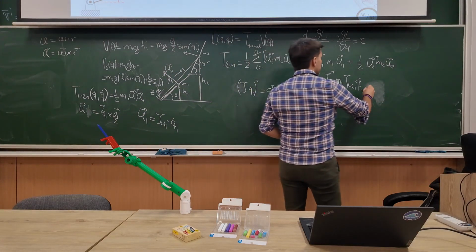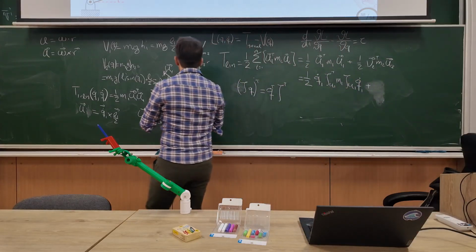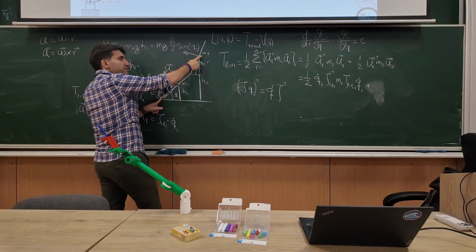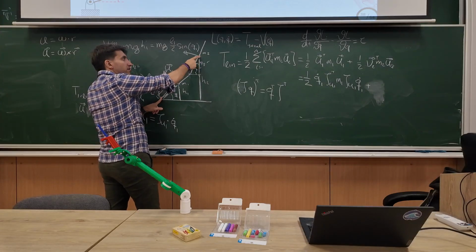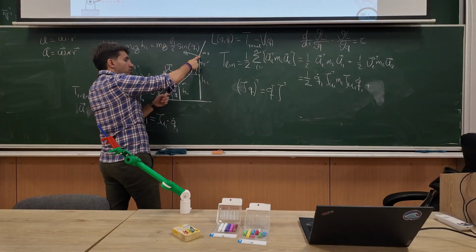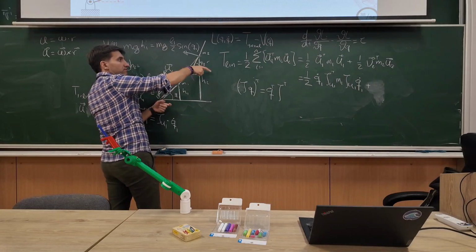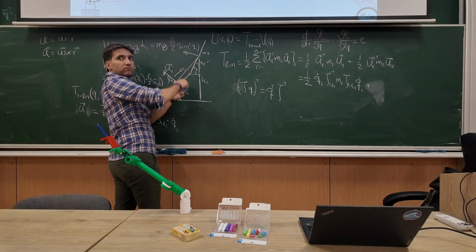Great. So now if I go to the second Jacobian, I'm trying to calculate this mass, correct? And this mass, you said very well, depends both on the velocity of Q1 and of Q2.